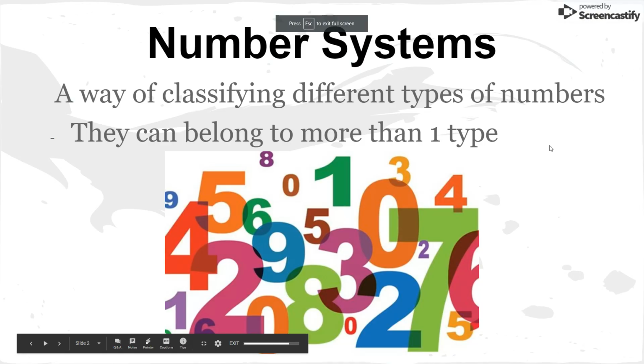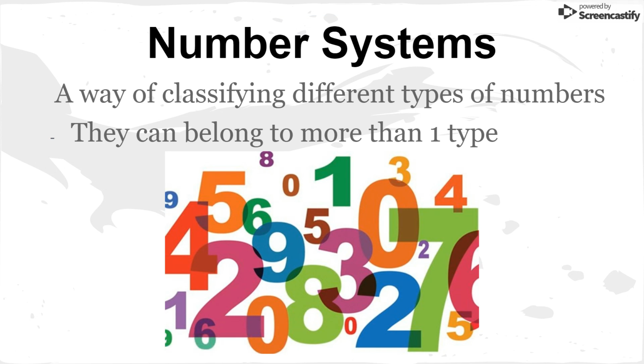And here's the very first thing you need to write down. Number systems. It is a way of classifying different types of numbers. They can belong to more than one type. So it'd be similar to if I gave you a whole pack of random things like apples and oranges and bananas and cucumbers and pickles and onions.